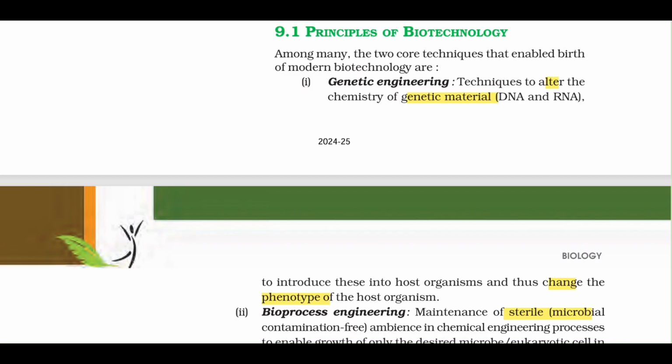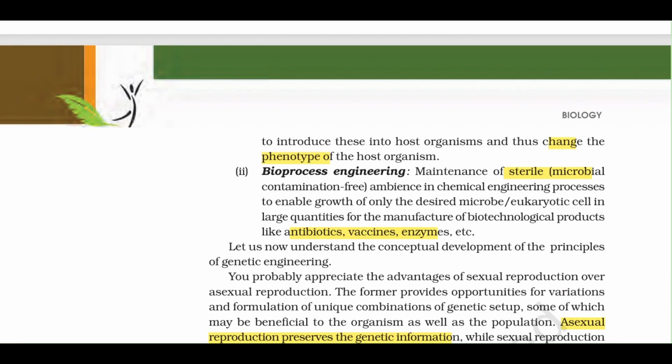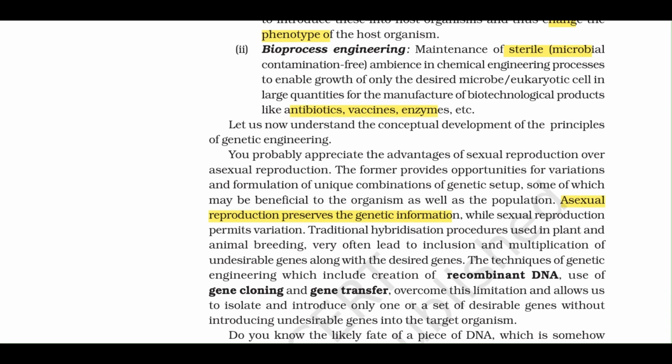Bioprocess engineering is used for producing antibiotics, vaccines, and enzymes. It includes the maintenance of sterile microbes or eukaryotic cells in large quantities for the production of antibiotics, vaccines, enzymes, etc. By genetic engineering, we can produce an organism with a desirable gene.